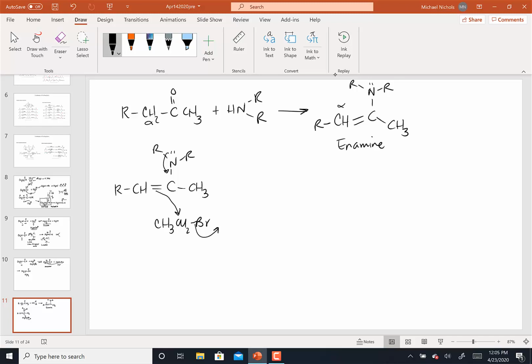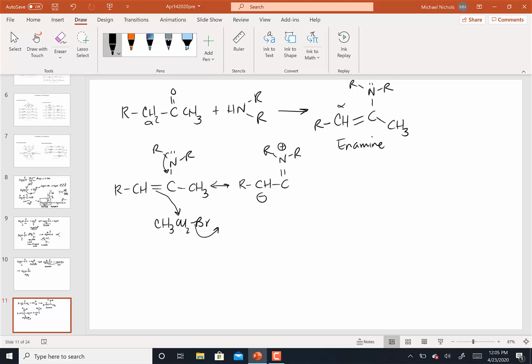So, in essence, what I did was, I'm going to write this in brackets because this really doesn't exist. Actually, I don't need the brackets because I'll just write the resonance structure here. The resonance structure I could have drawn is this one.